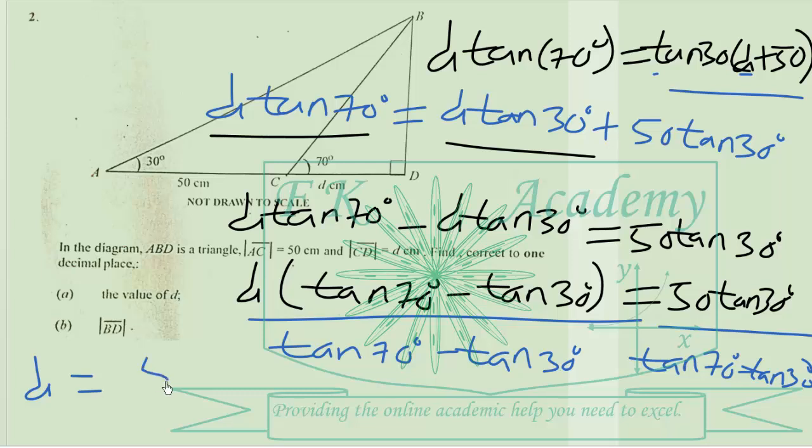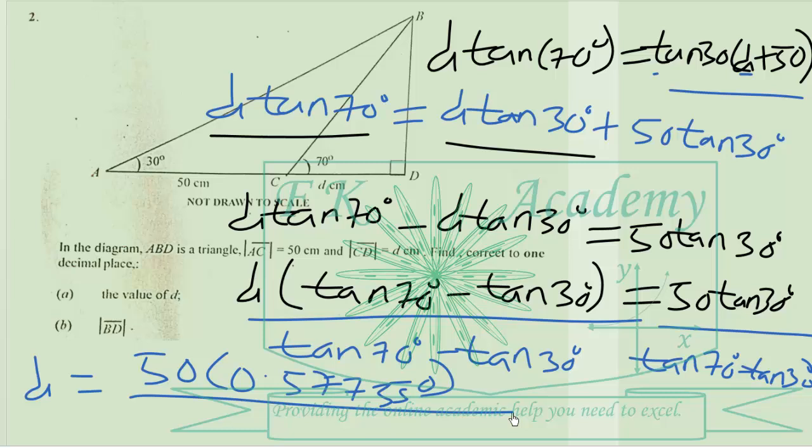So 50 times 0.577350 all over, then tan 70 in decimals will give you 2.747477 minus 0.577350.